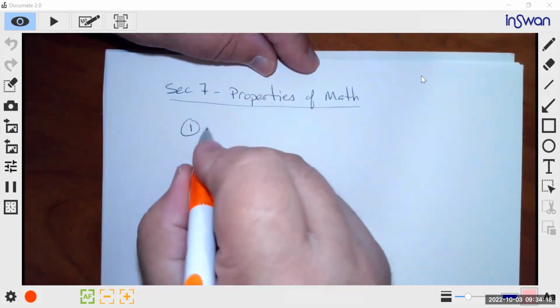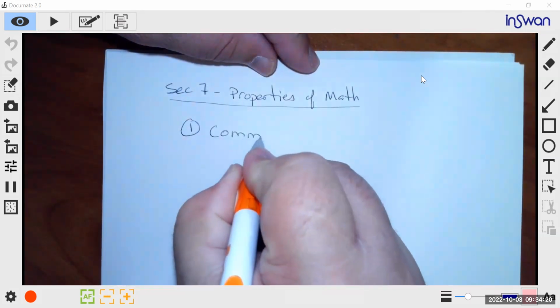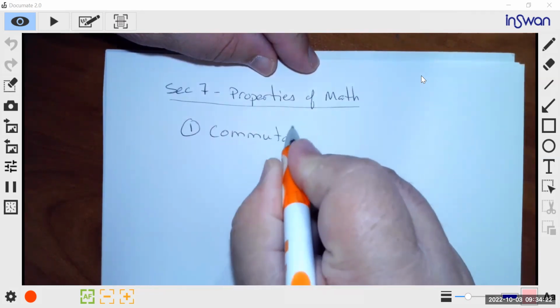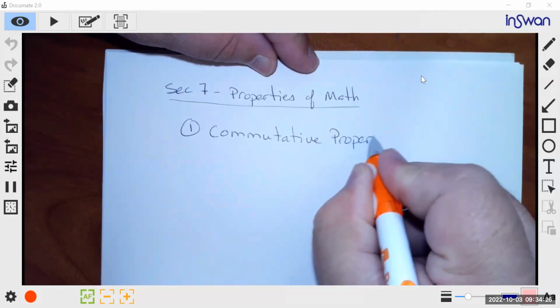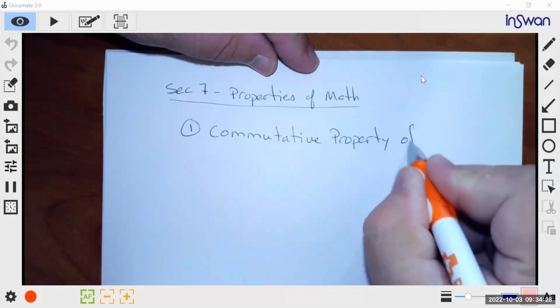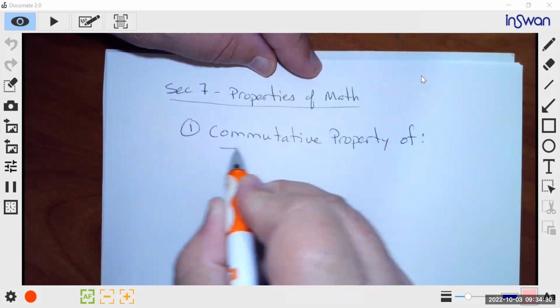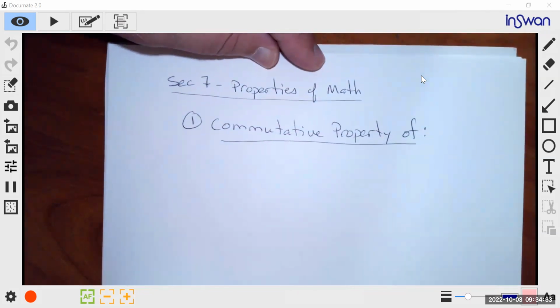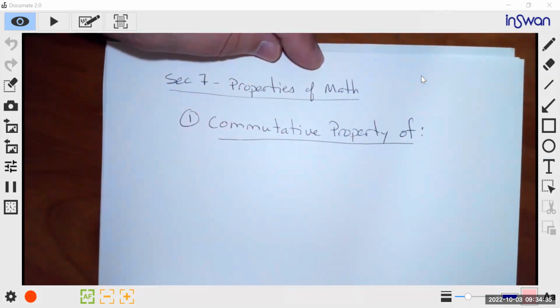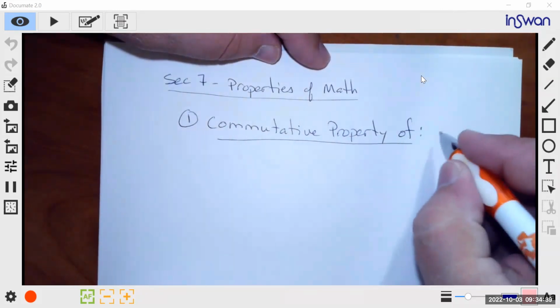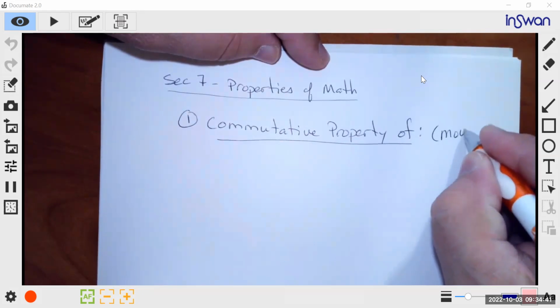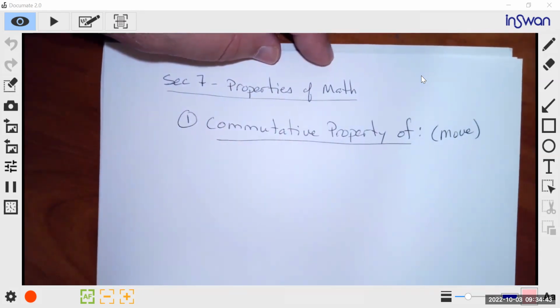The first property, the commutative property of. To commute means to move.